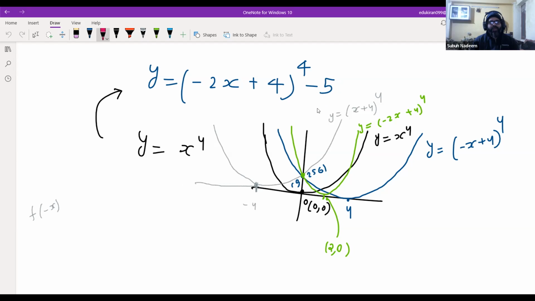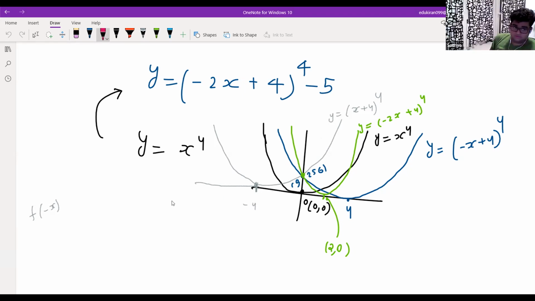Something is getting subtracted or added. So it'll be y equals f of x minus 5. So it'll go towards the bottom. Shift downwards by 5 units.